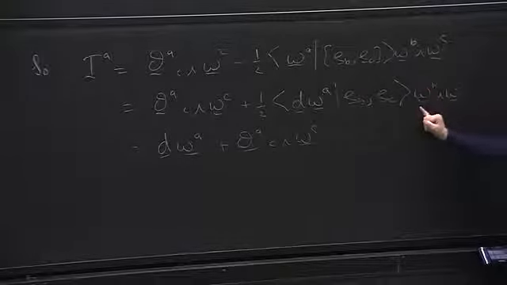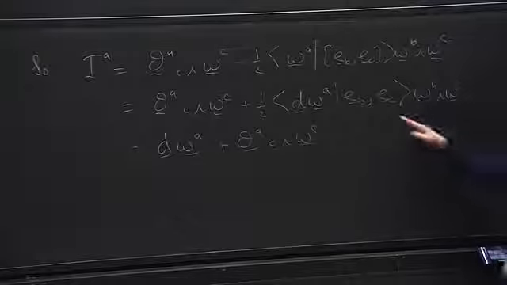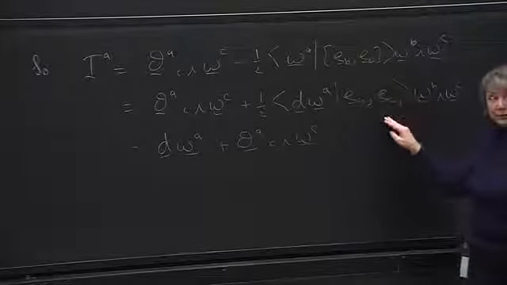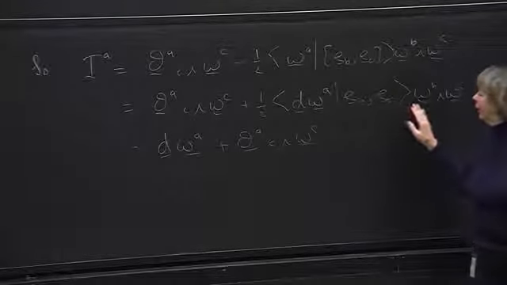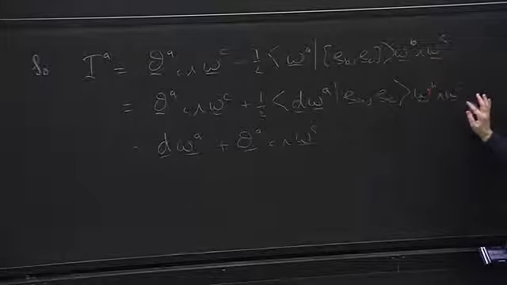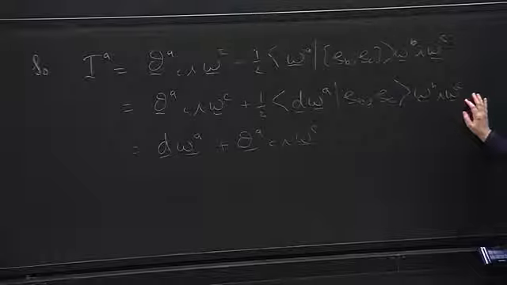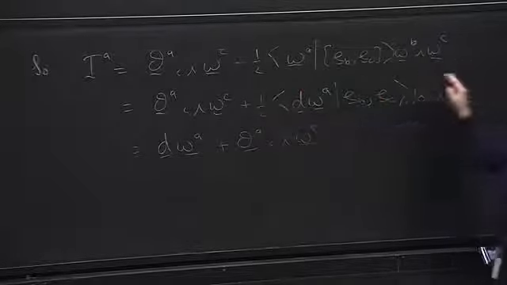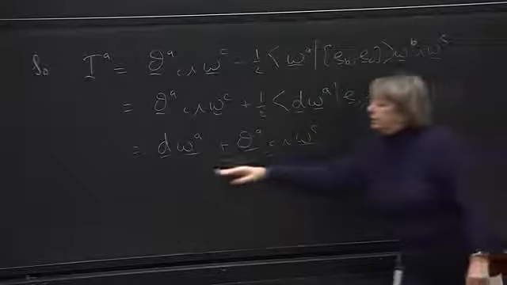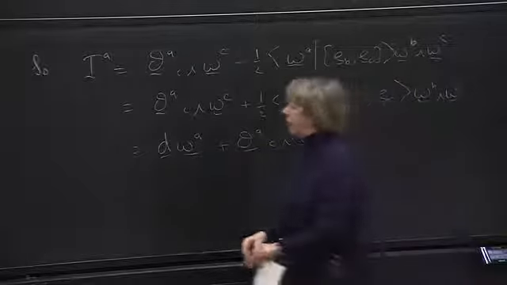First of all, I do that to get the scalar components of d omega. But then I re-promote it back to a 2 form by taking this omega^B wedge omega^C. So this whole second piece is just D of omega^A.